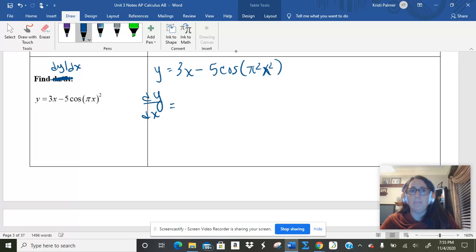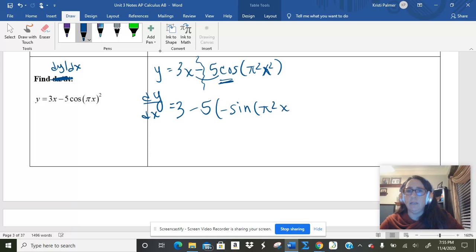Okay, so take the derivative. Remember, we can see separately with pluses and minus, so that's just a 3. The -5 goes along for the ride. Derivative of the outside, so derivative of cosine is negative sine.